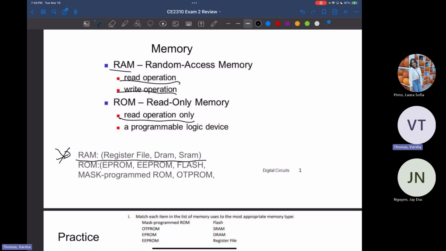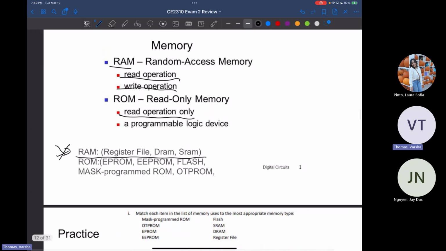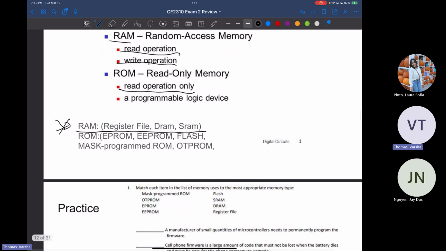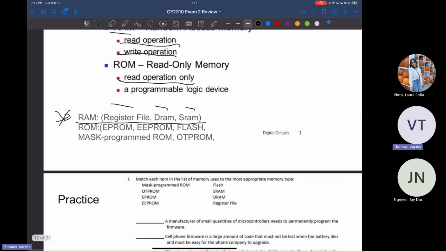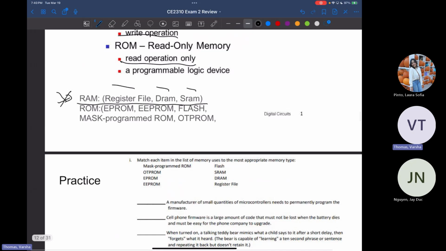If power is lost for RAM, memory will not be contained. While for ROM, if power is lost, you will still keep that memory that you had before. So keep in mind that register file, DRAM, and SRAM are RAMs, and they need power to store the memory.